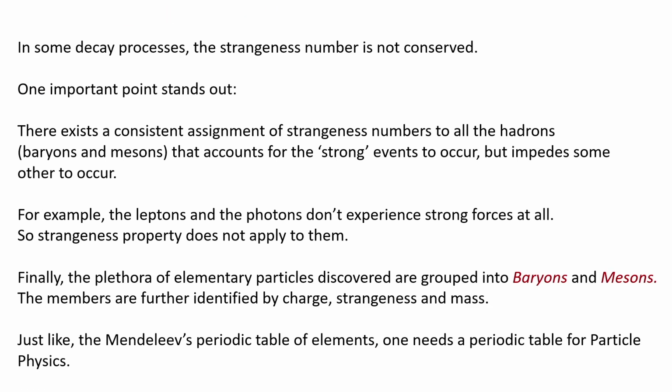However, in some decay processes the strangeness number is not found to be conserved. One important point that stands out here is that there exists a consistent assignment of strangeness numbers to all the hadrons.